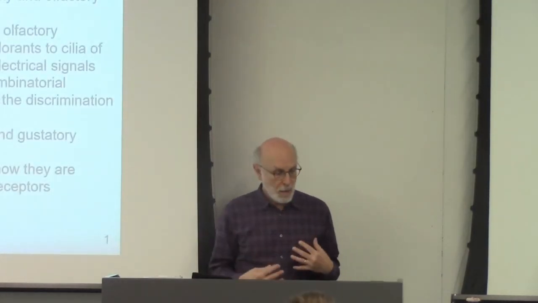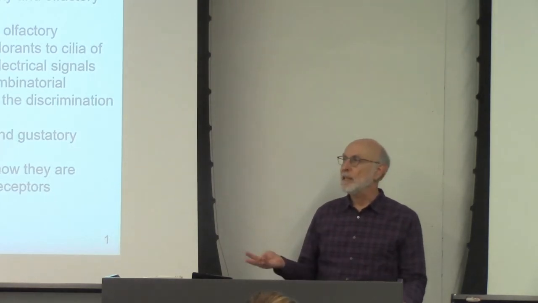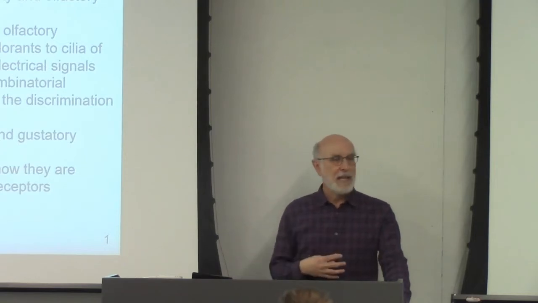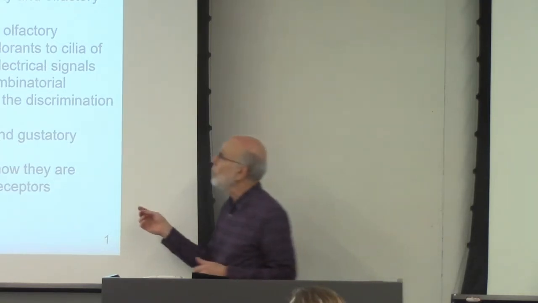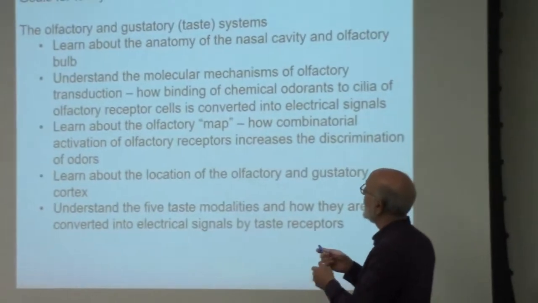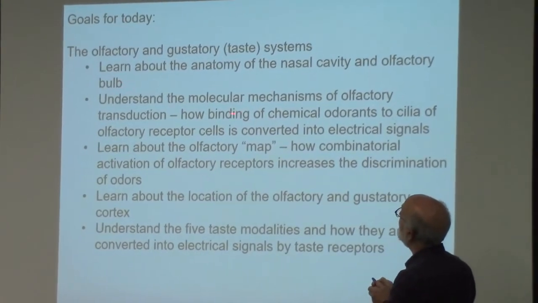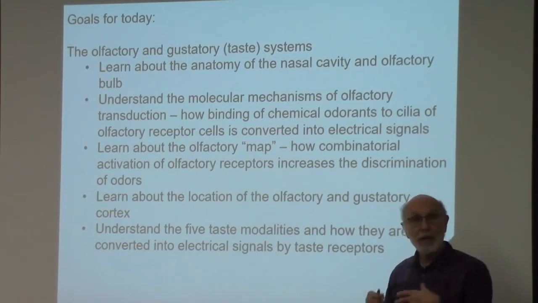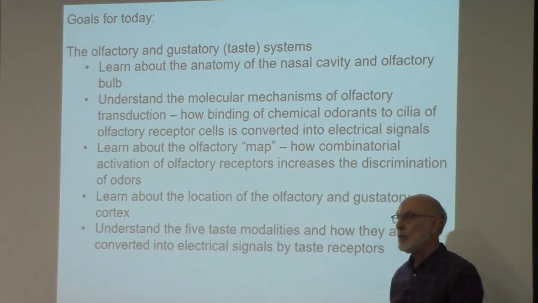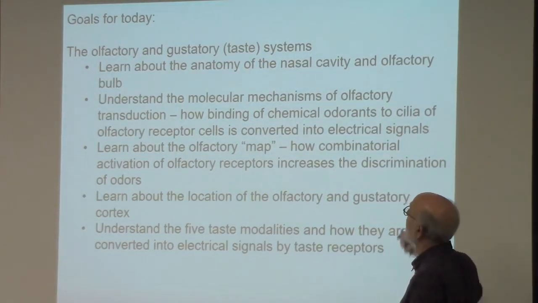So today we are going to talk about chemical senses. We can detect chemicals. We detect them with our sense of smell and our sense of taste. And so we'll do smell first. We will learn about the anatomy of the nose and the olfactory bulb, molecular mechanisms for how we transduce an odorant, presence of an odorant in the air around us, into an electrical signal that our brain can interpret.